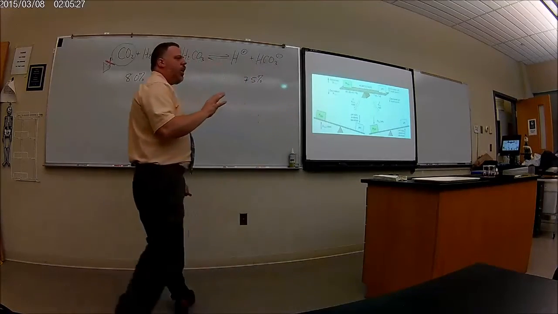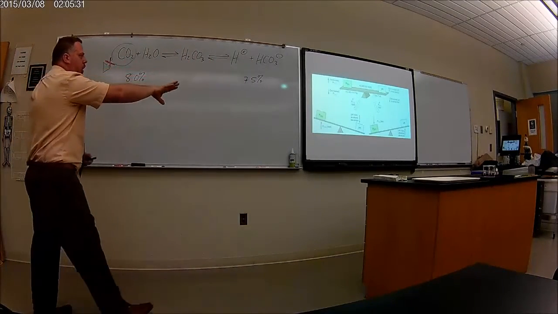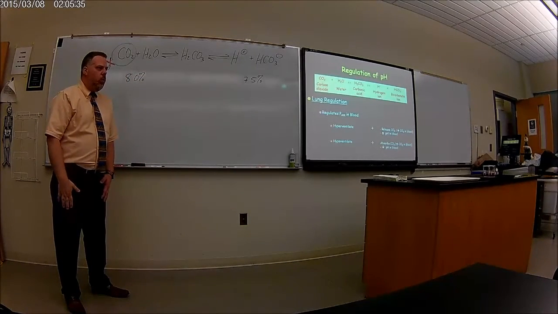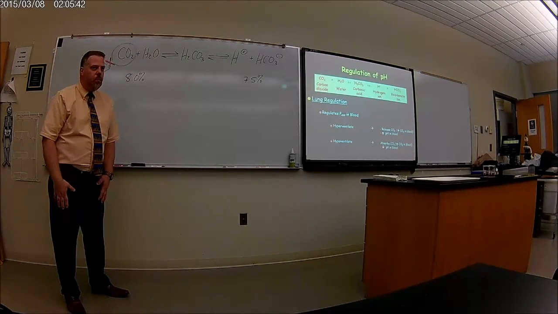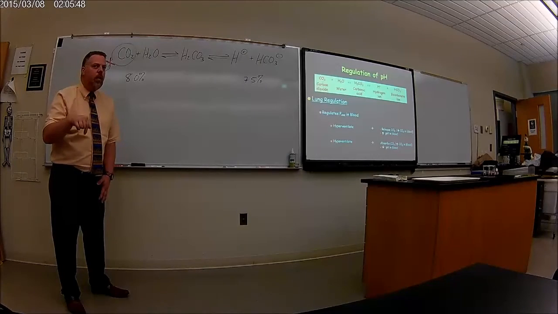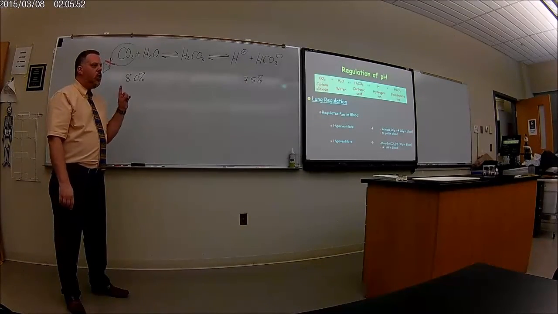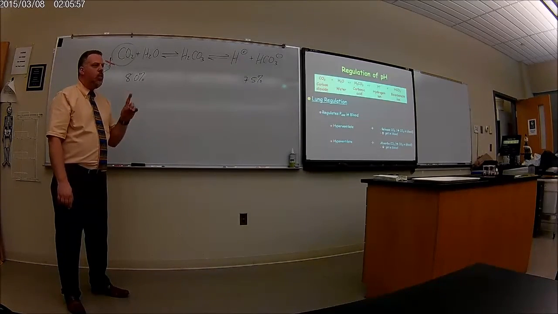So what this is saying here is that if you increase CO2 in your body, what happens to your pH? Does it go up or down? It goes down. If you have too much CO2 in your blood, your pH goes down.